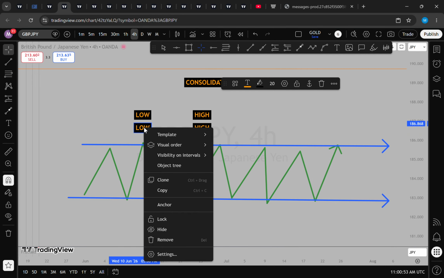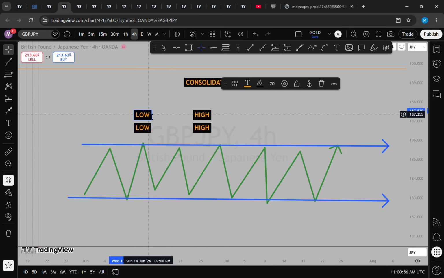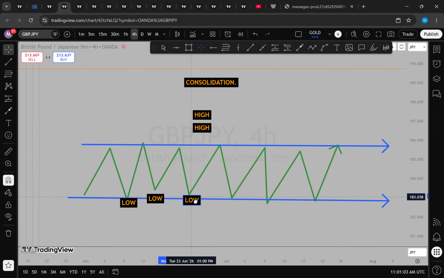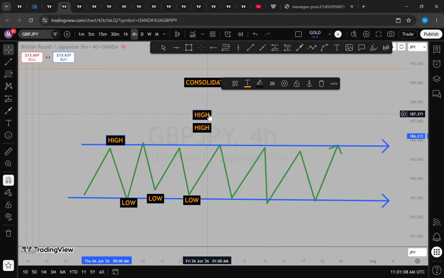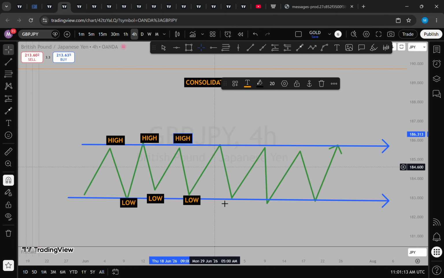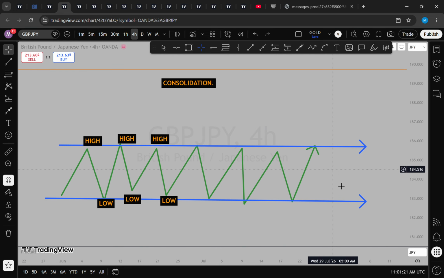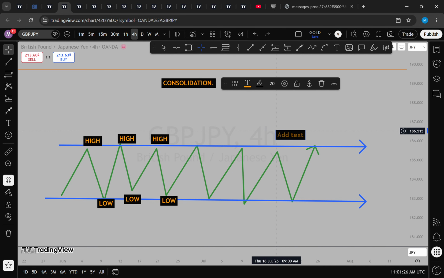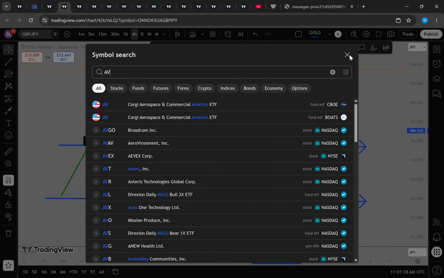I don't want to waste our time, I just want to label just three of it. Everything here is just highs, everything here is just lows. So this kind of market, avoid this kind of market.